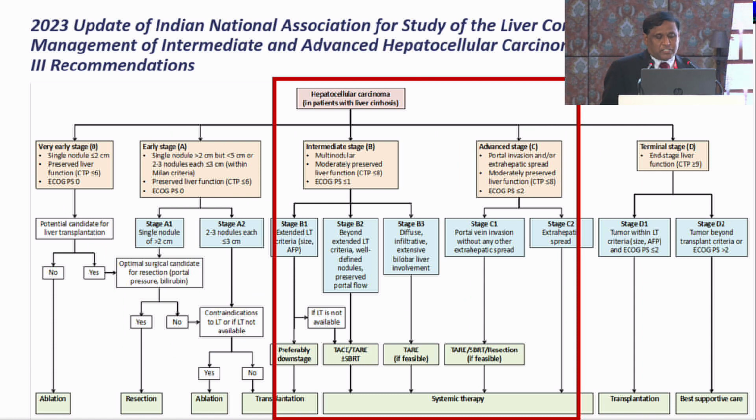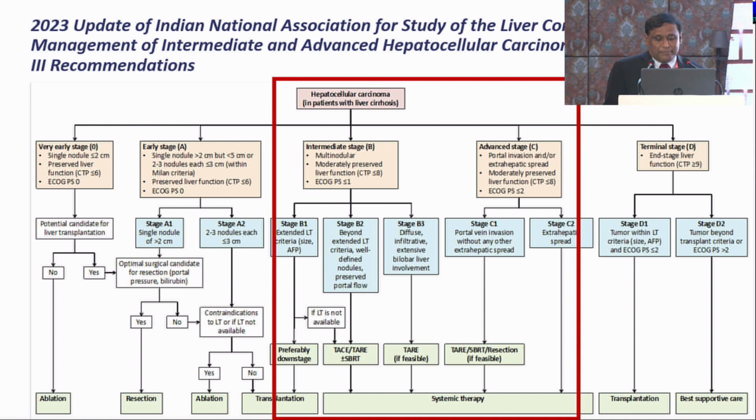He divided the intermediate stage into 3: 1, 2, 3. And again, as I said, in stage 1, of course, you go for expanded criteria for transplant, which is widely used. But the change is happening in the other ones. So what about stage 2? Within the B, you are doing either SBRT or TARE in addition to TACE.